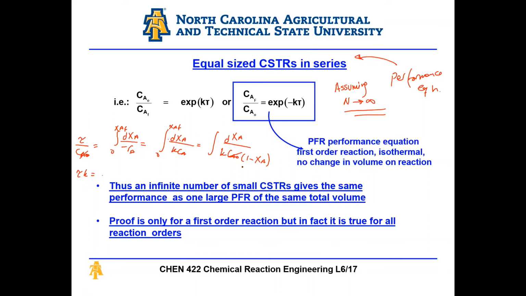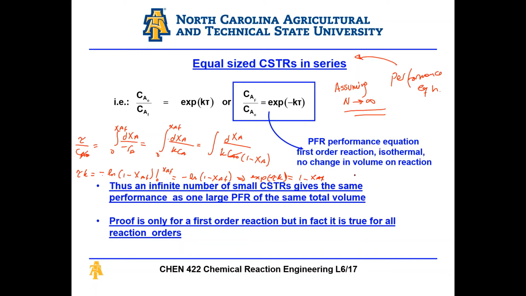If I take this k to the other side and then integrate, I get minus ln(1 minus XAF), from 0 to XAF. If I take the exponential of both sides, I get exponential of minus tau k equal to 1 minus XAF.